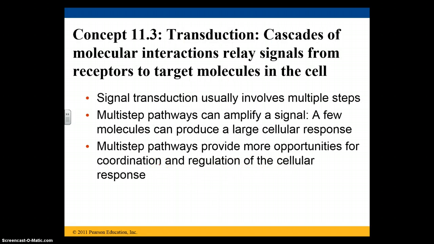The second part is transduction. So signal transduction usually requires multiple steps, and multi-step pathways can end up amplifying a signal. So there can be very few molecules that produce a very large cellular response. And multi-step pathways provide more opportunities for coordination and regulation of cellular response.